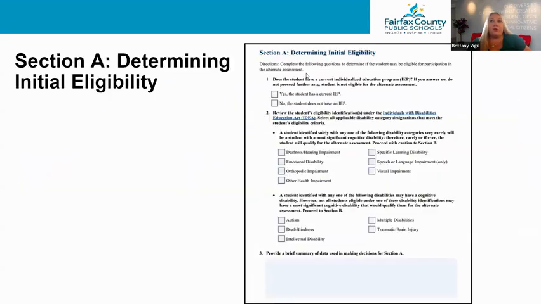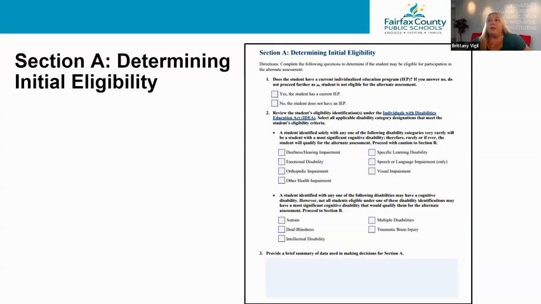So when we look at the tool, it starts off with question 1, which is asking us, does this student have a current IEP? And hopefully, if you're going through this process with your IEP team, your child does have an IEP. In question 2, we notice it states categories that very rarely will be present if a student has a significant cognitive disability.